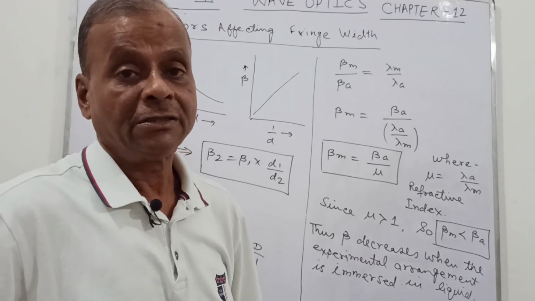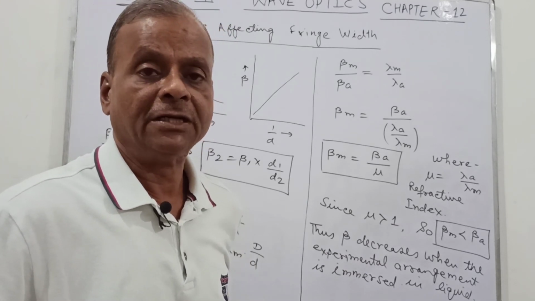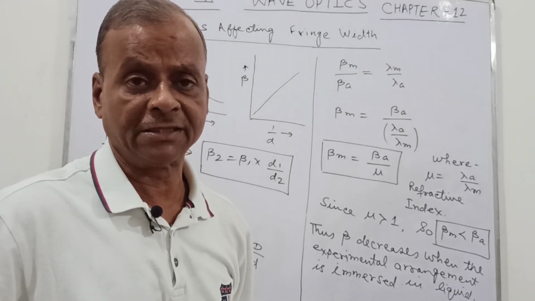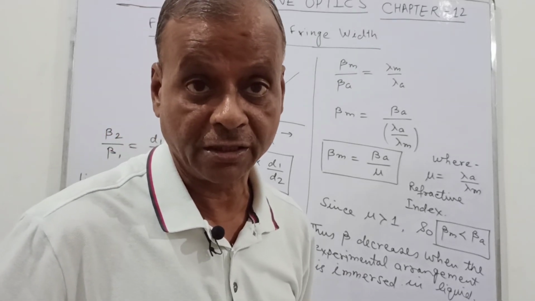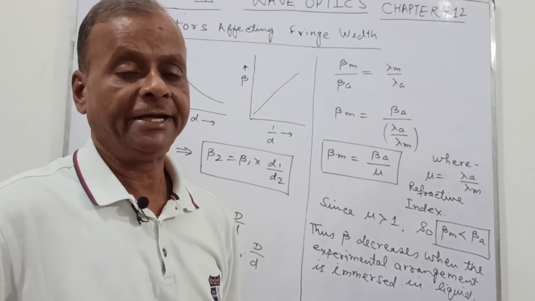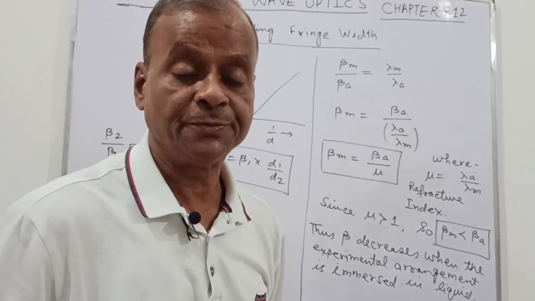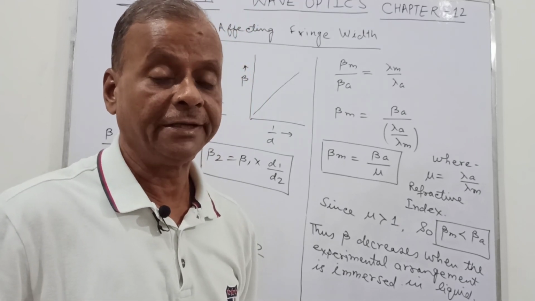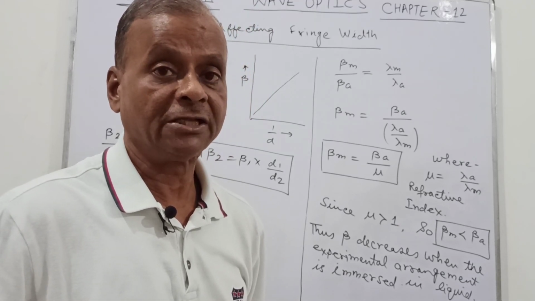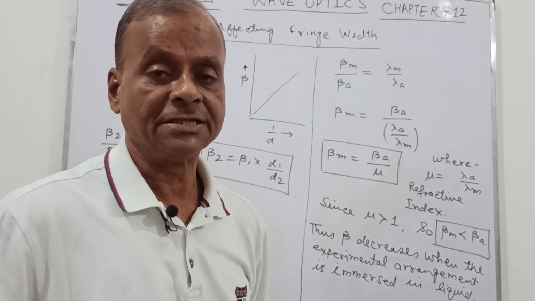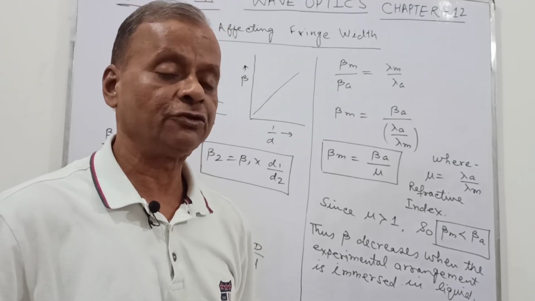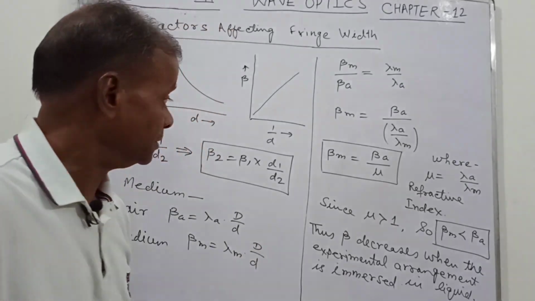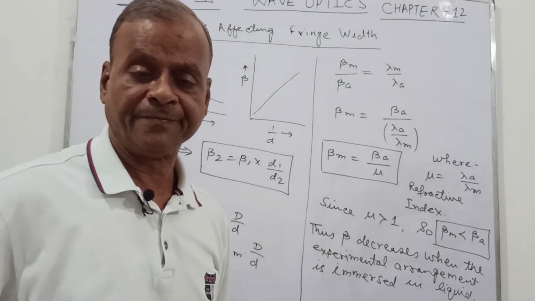So when we are having the general liquids in which it will be immersed, either oil or water or any other liquid, then this beta will decrease. But in plasma, beta will increase, because in plasma the value of refractive index is less than 1. So these are the 4 factors that affect the fringe width.